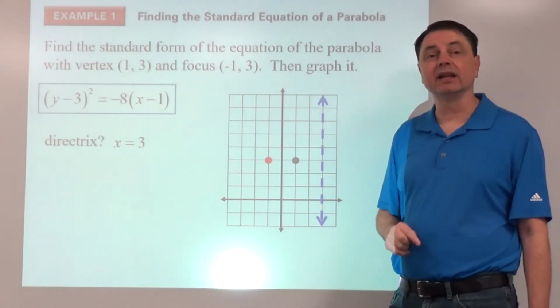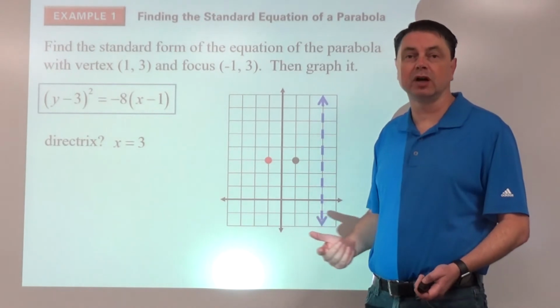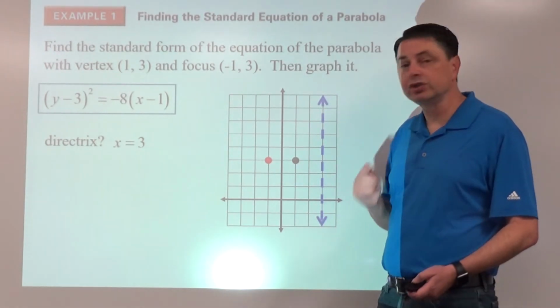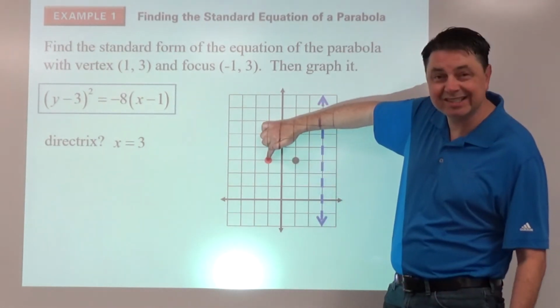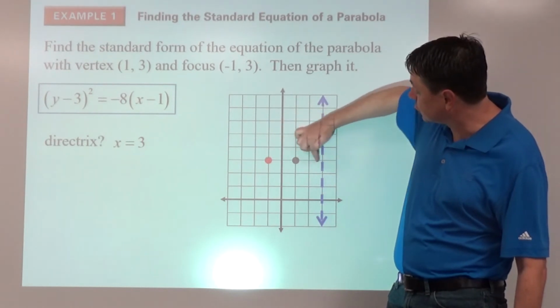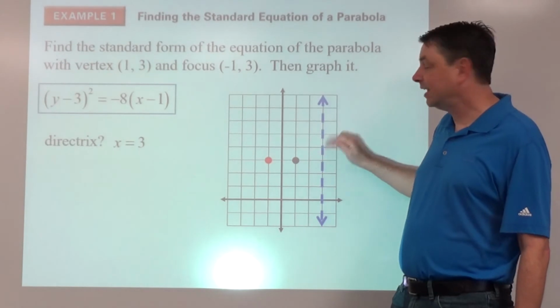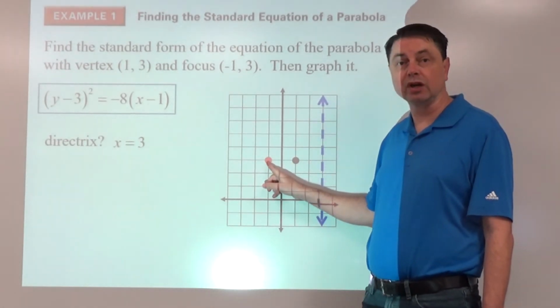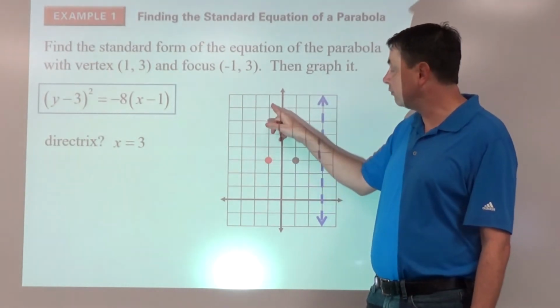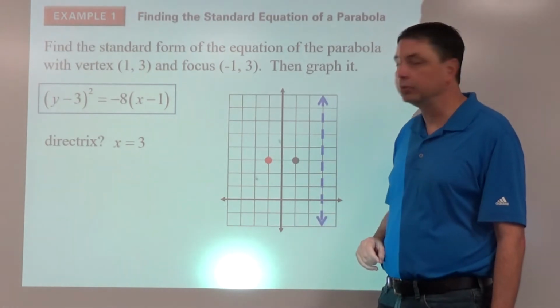Next thing we're going to look at is to get a couple other points for our parabola. So what you want to do is count the distance from the focus to the directrix. It is 4, going horizontally. Then from the focus, we're going to go 4 vertically, up 4 and down 4, and put points.